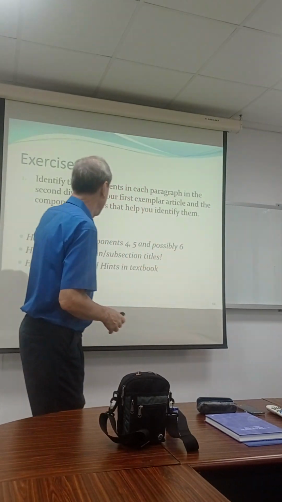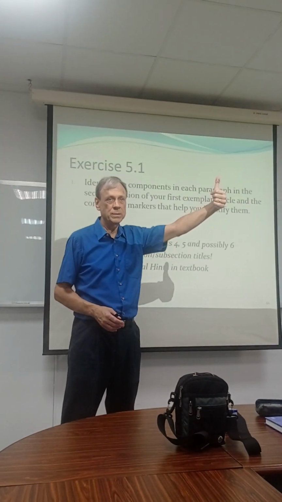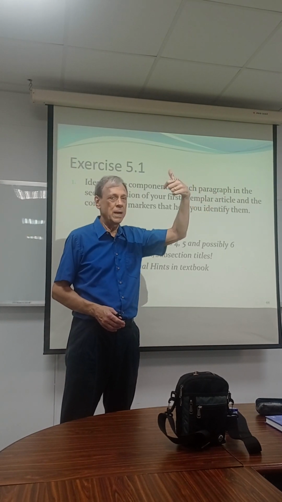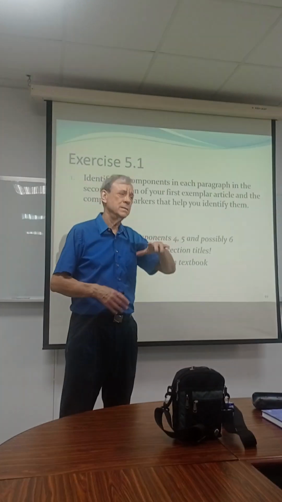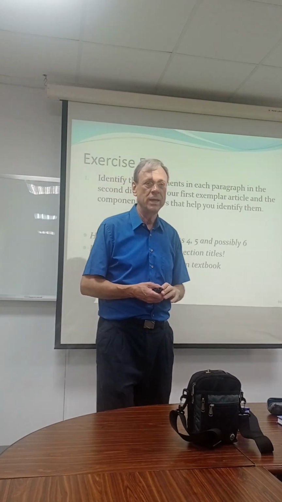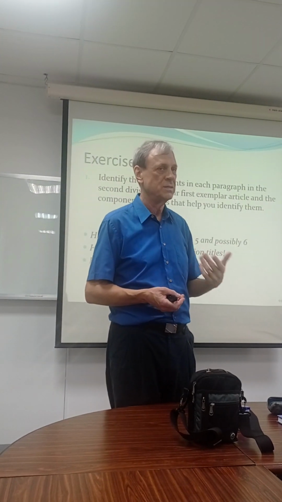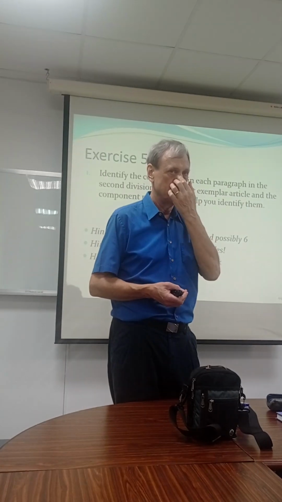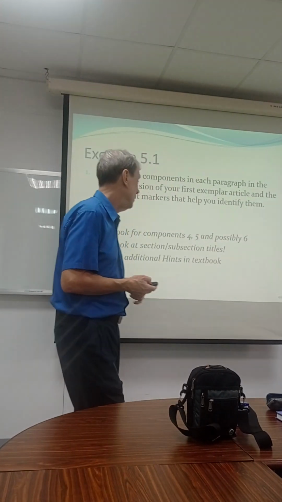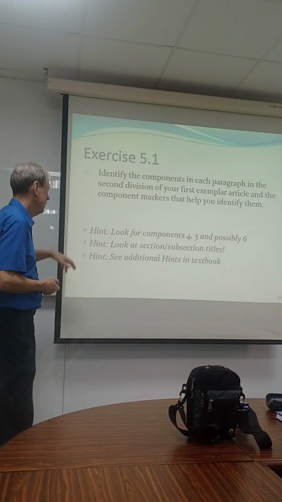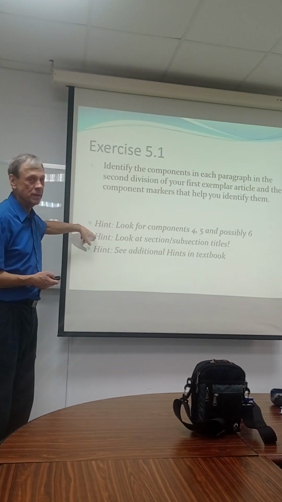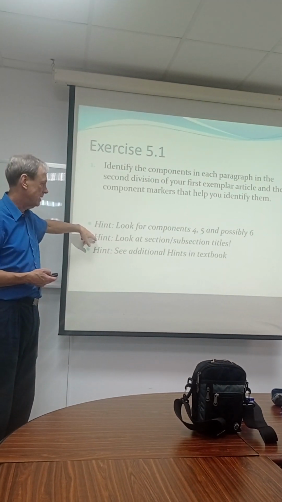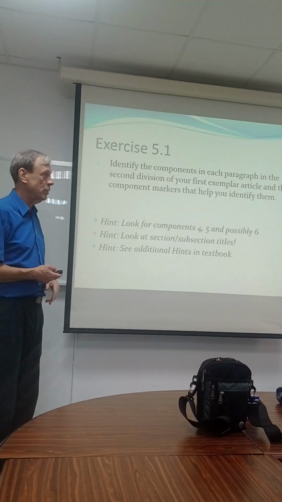Look for the component markers for framework, if you can find it, and for testing, section titles are usually enough to tell you where it's talking about research details, if the paper's well written. Okay? So that's the hint, right? Look for the section, subsection titles, and there are more hints.